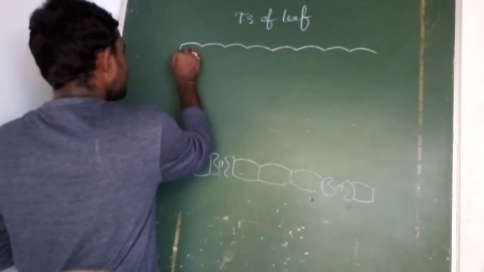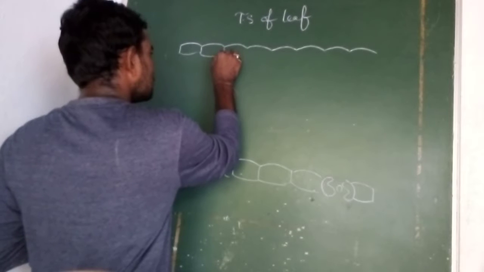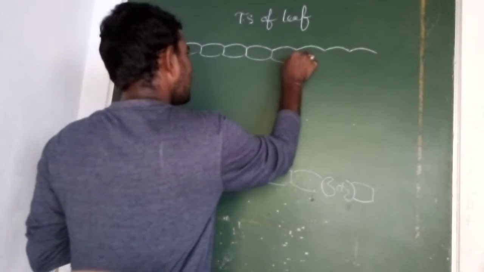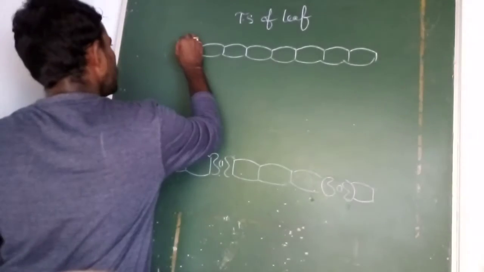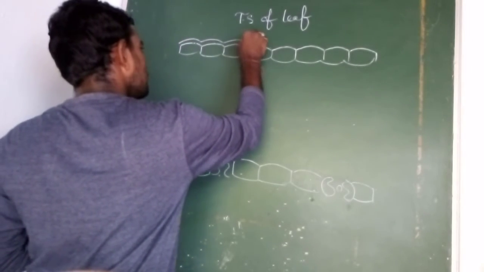So upper epidermis and lower epidermis. The upper epidermis contains another layer called cuticle. This is a cuticle.